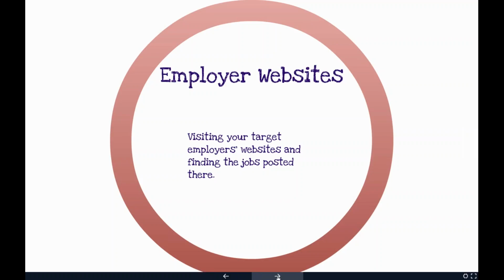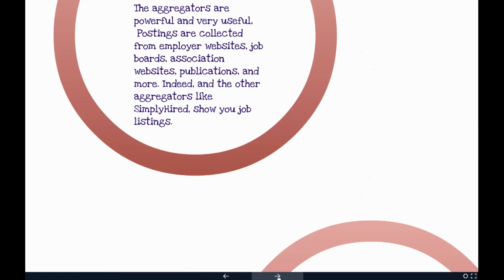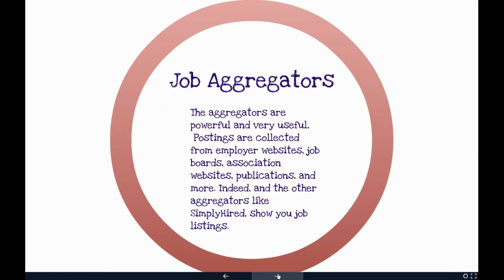Most business websites now will have, either in the About Us menu, a career section or employment section, but a lot of employers' websites will have their own job posting website, and that's certainly something that you can bookmark, a number of those different websites, and go to them on a regular basis. Now, employers will also put their job postings on something like job aggregators. So these job aggregators are certainly some of the most powerful websites that you can visit.